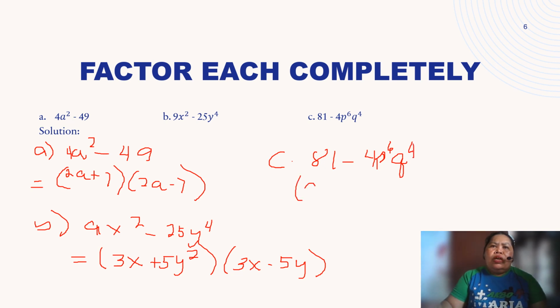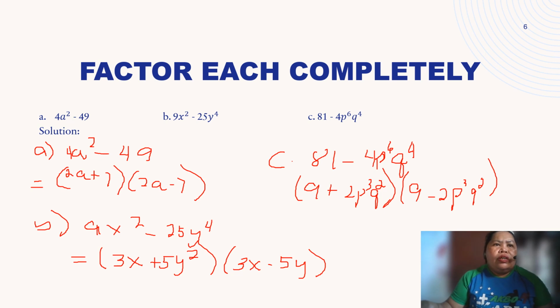So we have 9 plus 2p cubed q squared, and then 9 minus 2p cubed q squared. Okay, that's the final answer. All right, next.